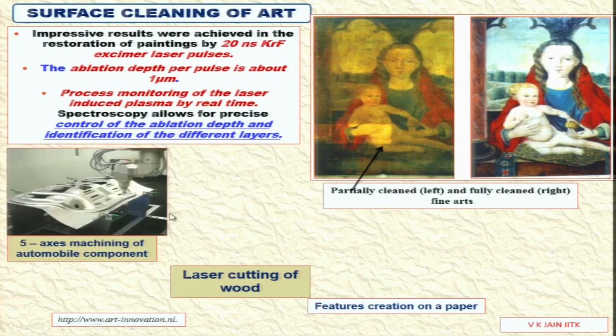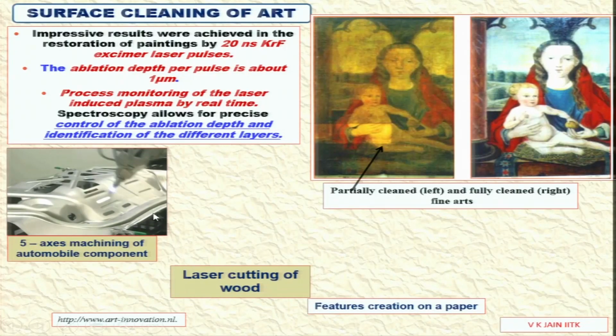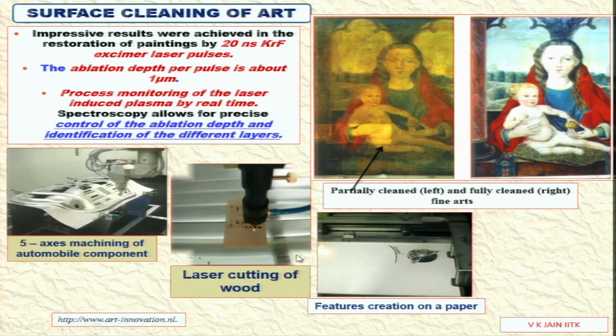You can see here 5-axis machining of an automobile component with the help of laser. This is the automobile component and it is 5-axis machining: X, Y, Z, and A and B rotation. Laser cutting of wood.